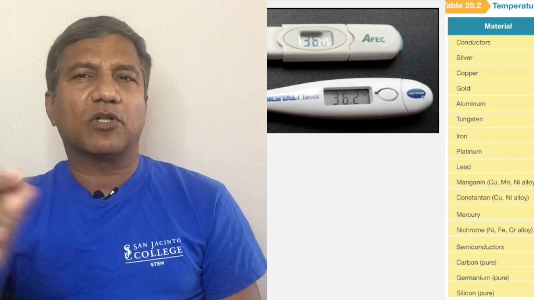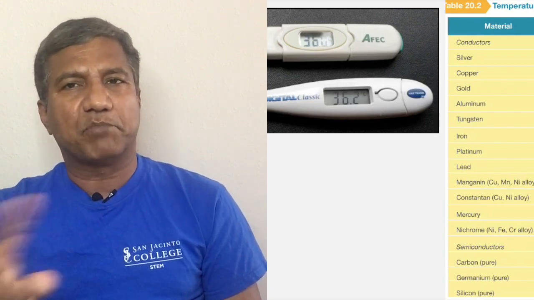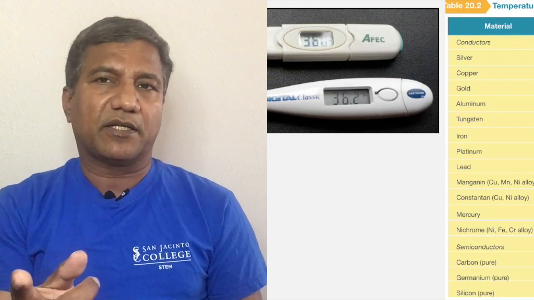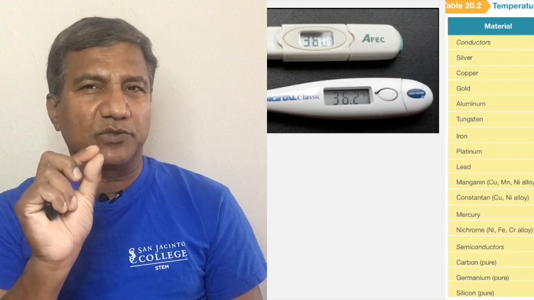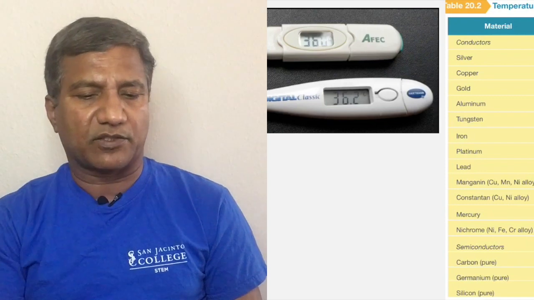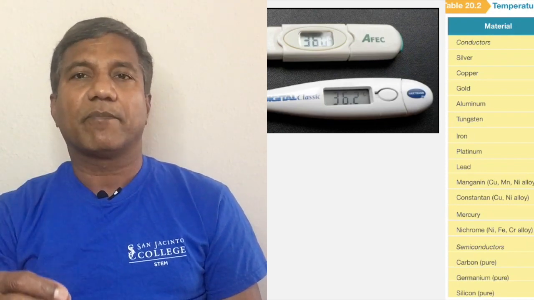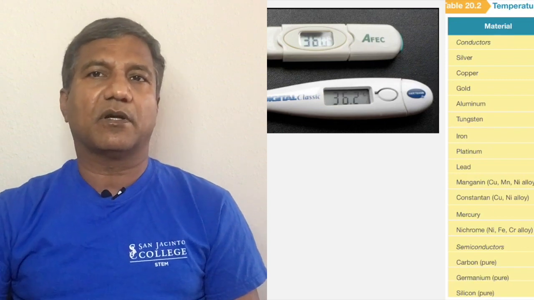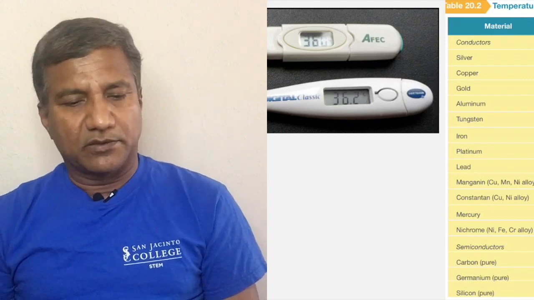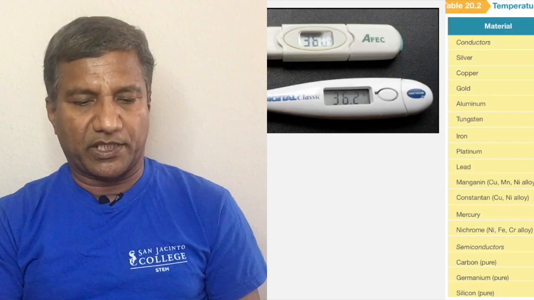So even a small change in temperature causes a big change in resistance, and that's a thermistor. So we use a really small quantity of that thermistor in a digital thermometer to get the accurate temperature of a patient. So that's a real life application.